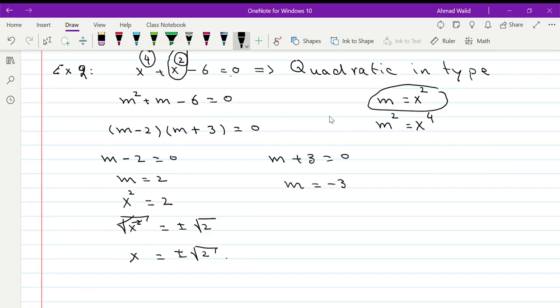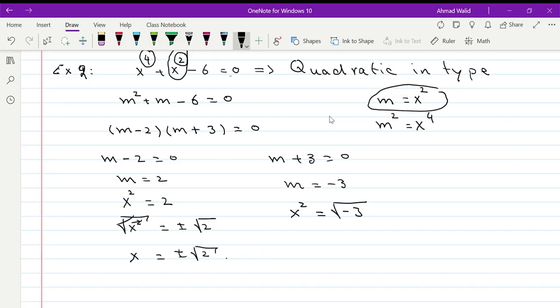Same thing here. I have m equals minus 3. Then I can say x squared is equal to negative 3. Correct? To solve this, take the square root from both sides. Correct?